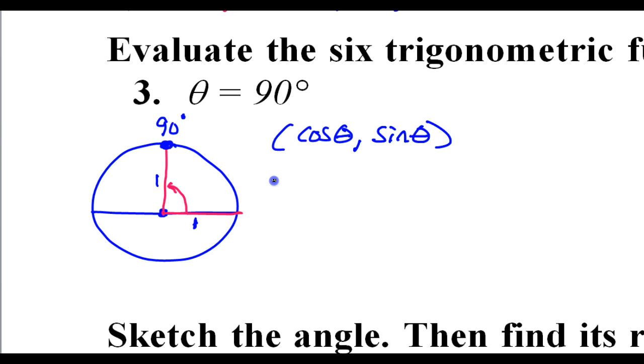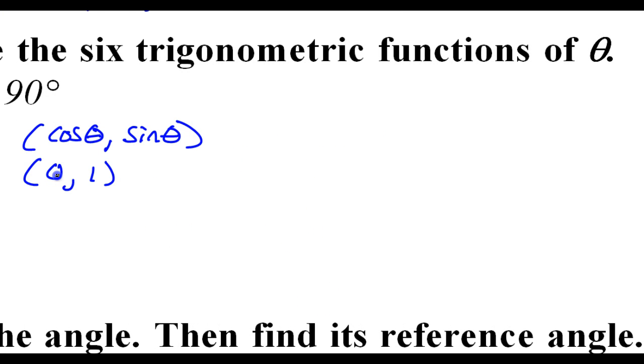The coordinates of this point are 0, comma, 1, because it's over nothing and it's up 1. So that tells me that the cosine is 0 and the sine is 1. So we're on a roll. So sine theta is equal to 1, and the cosine of theta is equal to 0.